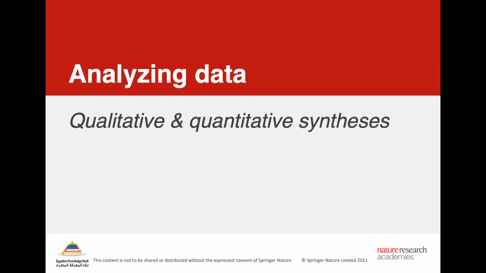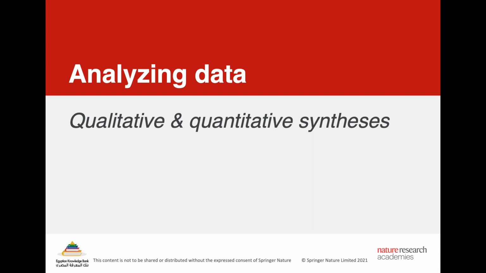Now let's go on to analyzing the data, the qualitative and quantitative syntheses. We talked about heterogeneity. Heterogeneity is relevant not only for meta-analyses, in determining what type of model to use, but also to decide whether or not you should conduct a meta-analysis at all. If not, just do a qualitative synthesis.